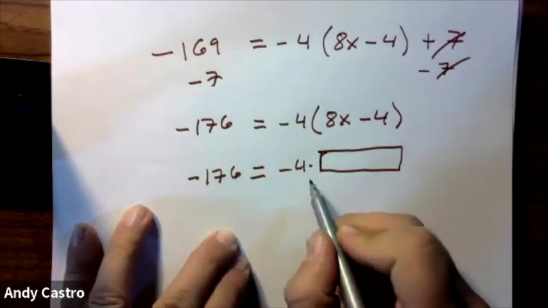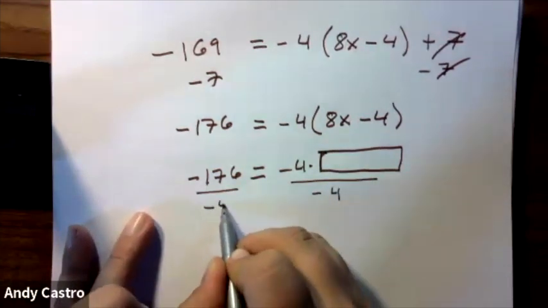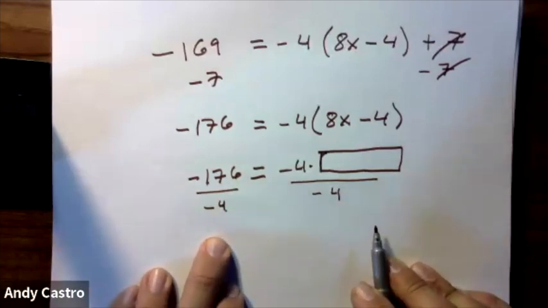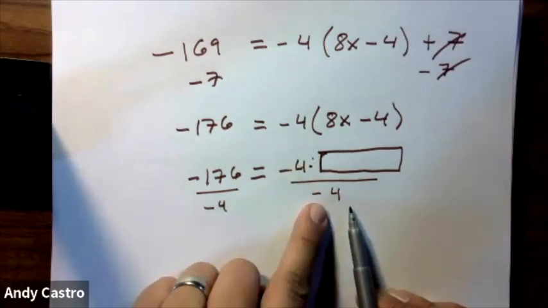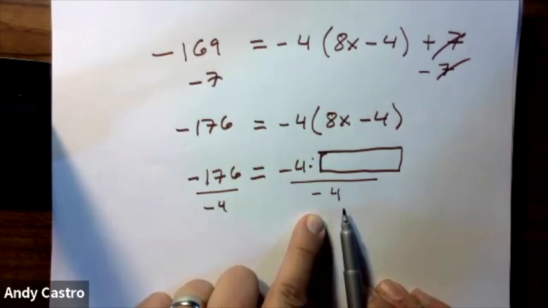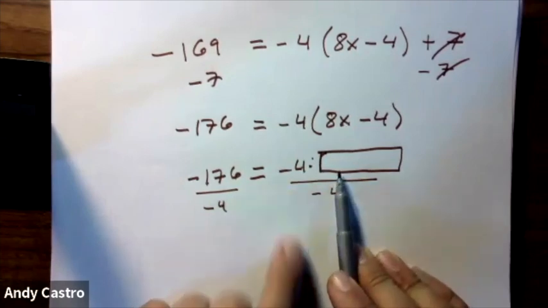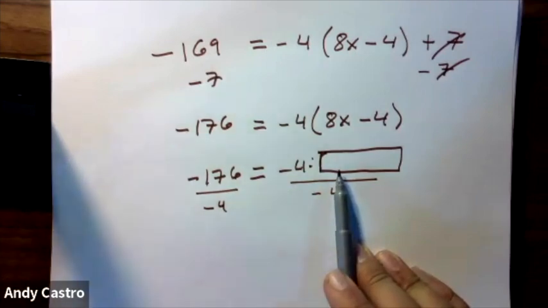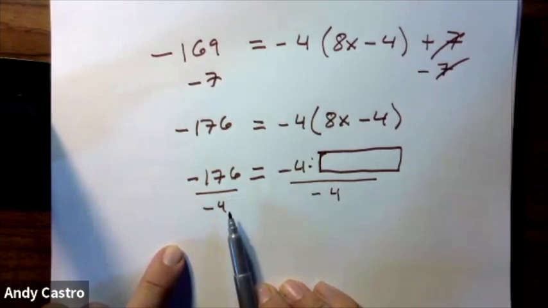So what I can actually do with two numbers is I can divide out one of those numbers, okay? I can divide out the negative 4s. Negative 4 over negative 4, that's going to cancel because negative 4 over negative 4 is 1. 1 times the rectangle is just the rectangle. So all I have is the rectangle is equal to negative 176 divided by negative 4.